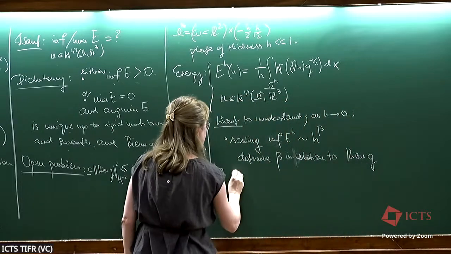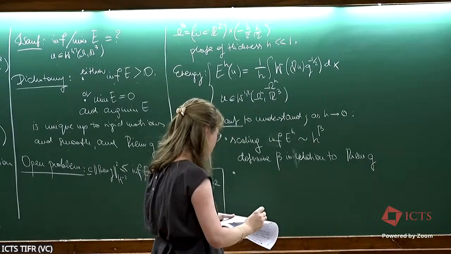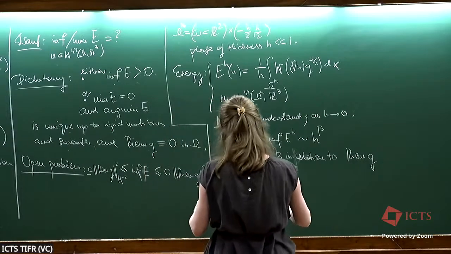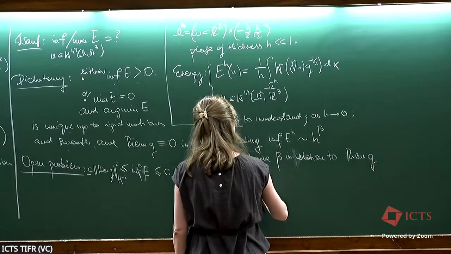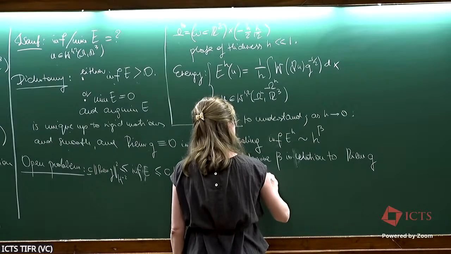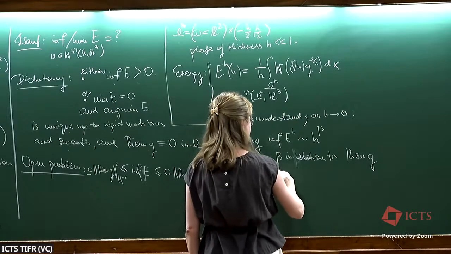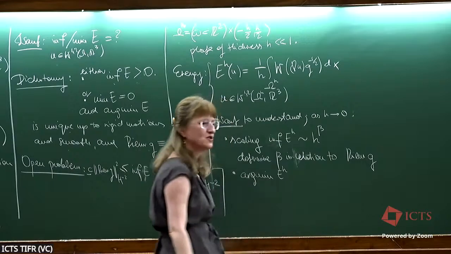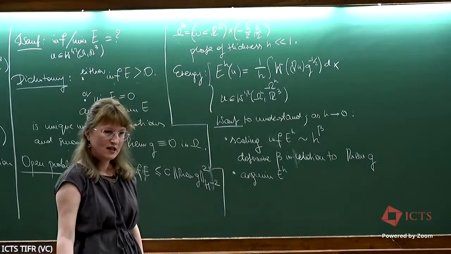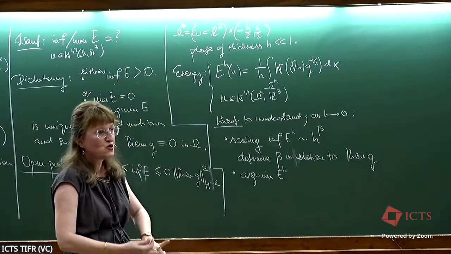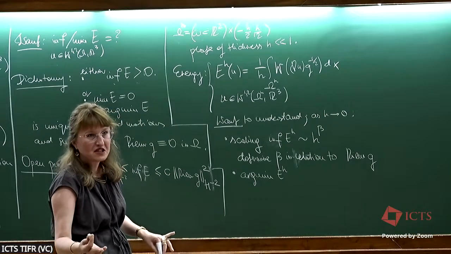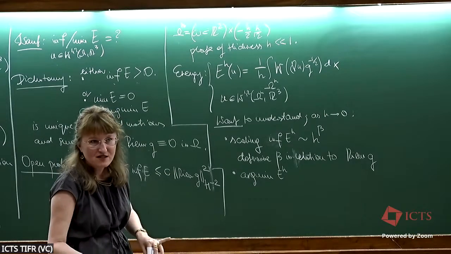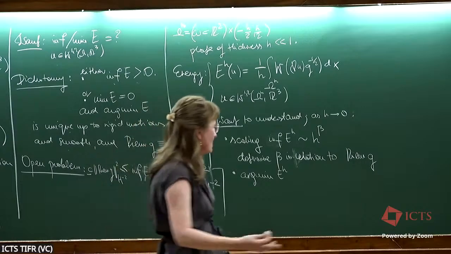Another interesting natural problem here is what's the behavior of argmin, right? The minimizers of EH. So when h goes to 0, do they accumulate close to certain deformations of the midplate, maybe?